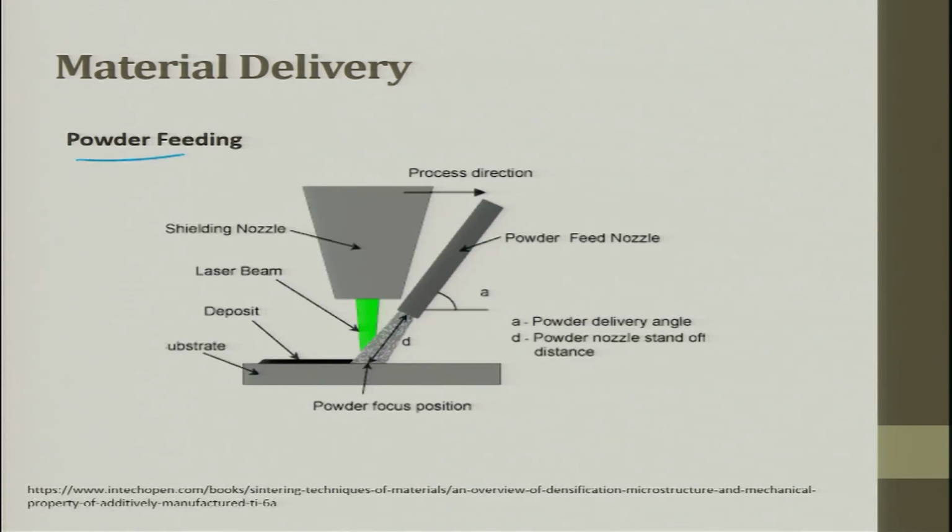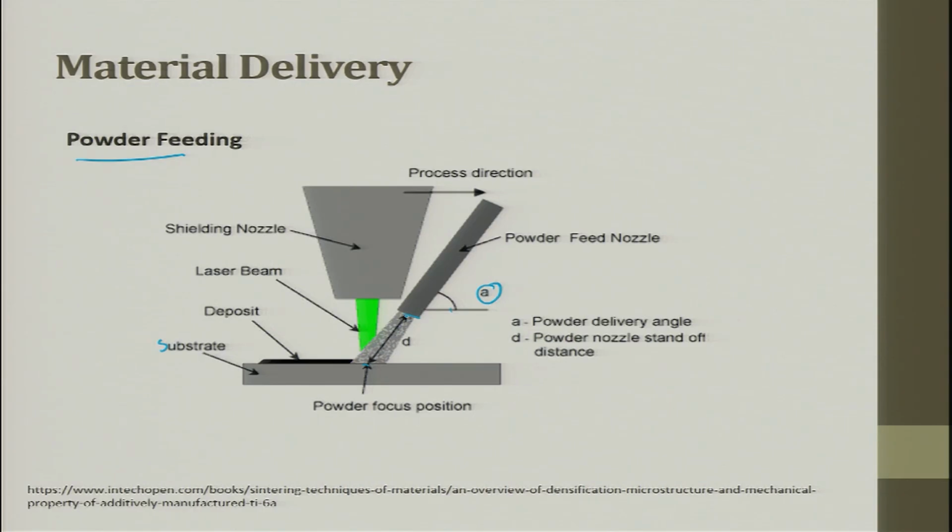So powder feeding. If you see that, this is the shielded nozzle, this is the laser beam, and you are feeding the powder from here. So powder melts and it gets deposited. This is the substrate, and the powder feeding position, you can see this is at an angle A. A is the powder delivery angle, and D is the powder nozzle standoff distance.